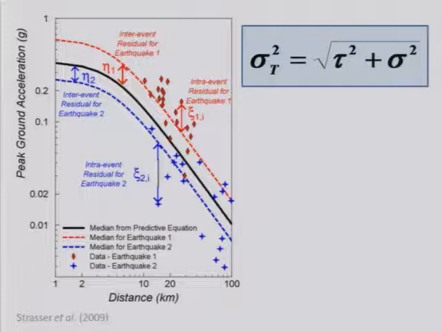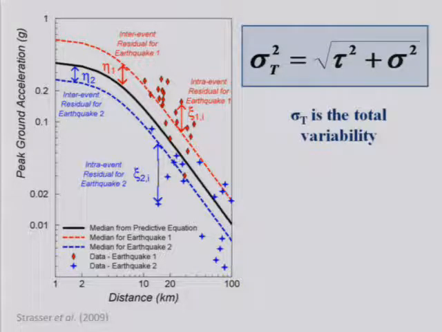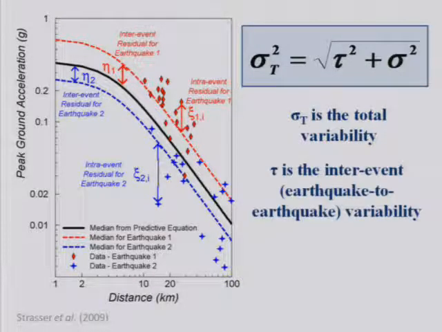And now, to confuse things more, what we've called sigma up until now, we'll clarify with the T, sigma T, that it's the total sigma. It's the total variability made up of two components, tau and sigma, where tau is now the inter-event variability, which is earthquake to earthquake.